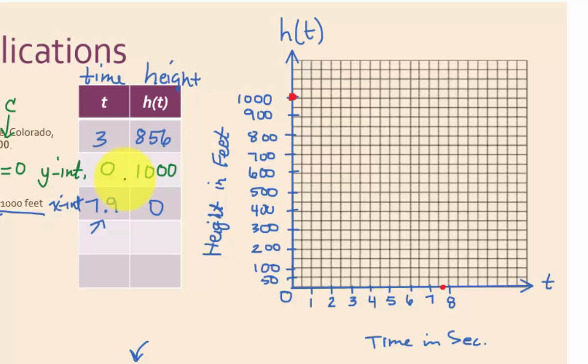Now if that's all we plot, that's going to be a straight line, and we know this is not a straight line because we have a quadratic term. So it's very important to plot at least one more point on the function. 3, 856 should help us to see a gentle curve occurring. So let's connect our ordered pairs to see what this parabola looks like.